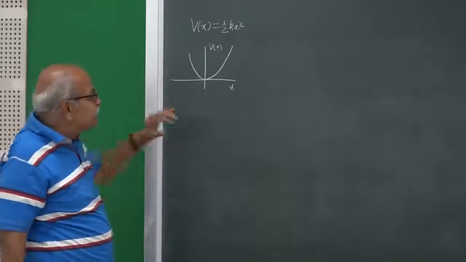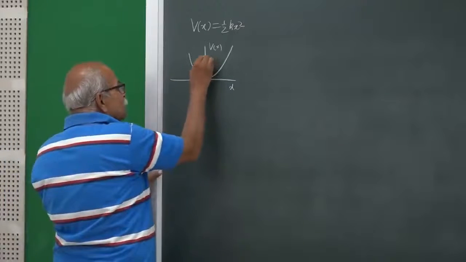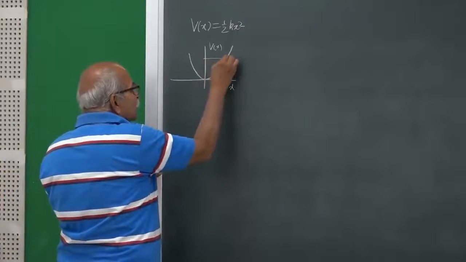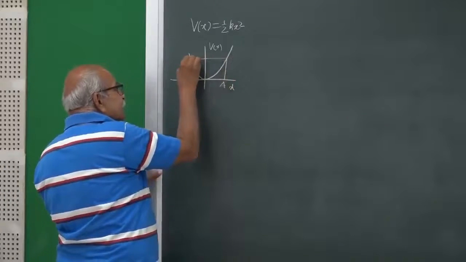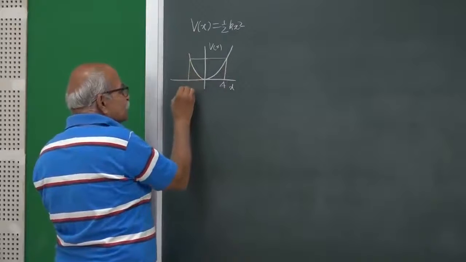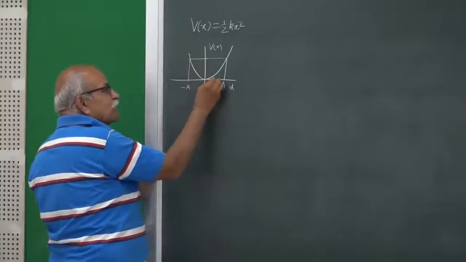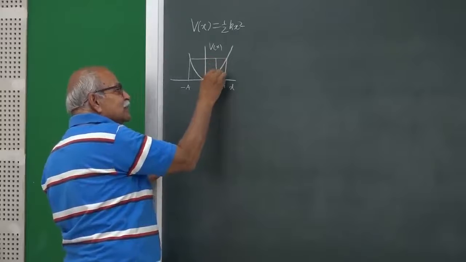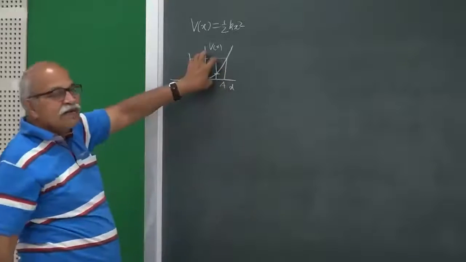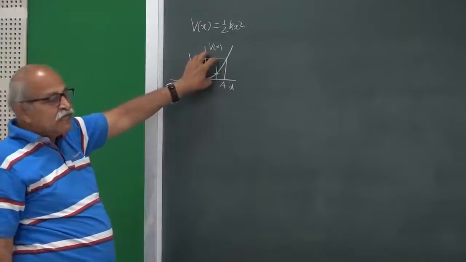If this is given and if the total energy is known, then I know what the turning points are, what the amplitudes are, and then as a function of x, how much is the potential energy, how much is the kinetic energy at each point. Many things I can derive from these kinds of diagrams.